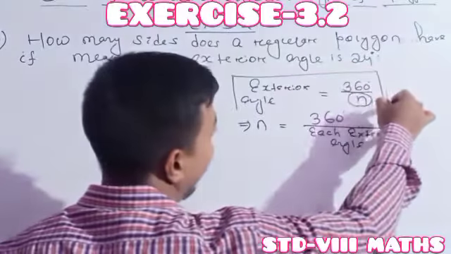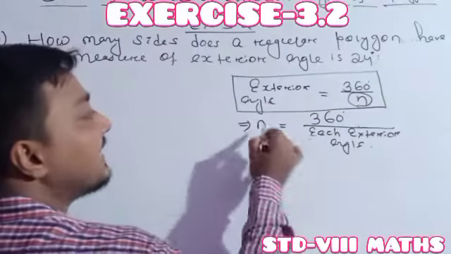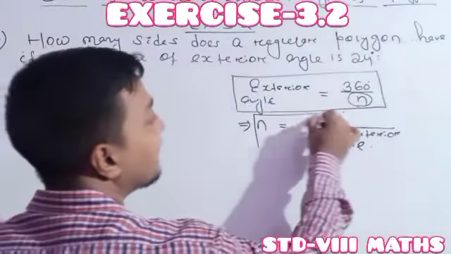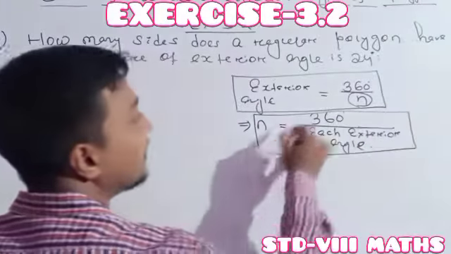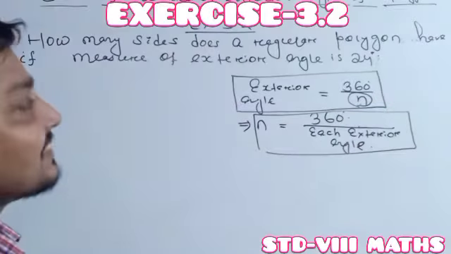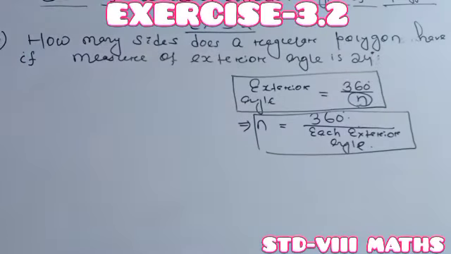And whenever the exterior angle is given, we can find the number of sides by the other formula. Here 360 divided by n, there 360 divided by each exterior angle. So we can solve with the same formula.